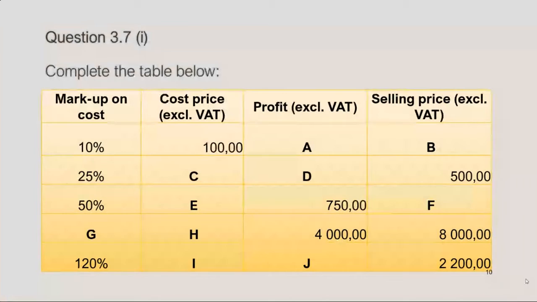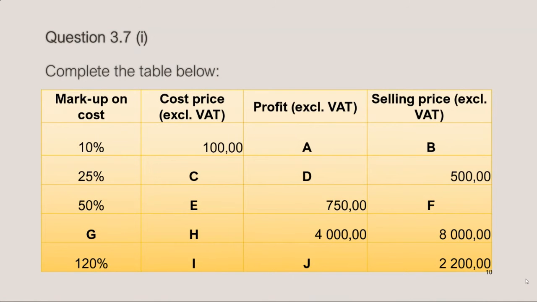Now if we say markup on cost, our cost price will always be what percentage? Okay, so Mapaleti and Tumelo say when we talk about markup on cost, our cost is 100%. That's correct. Now that percentage they're giving you there, which category would that fall under?